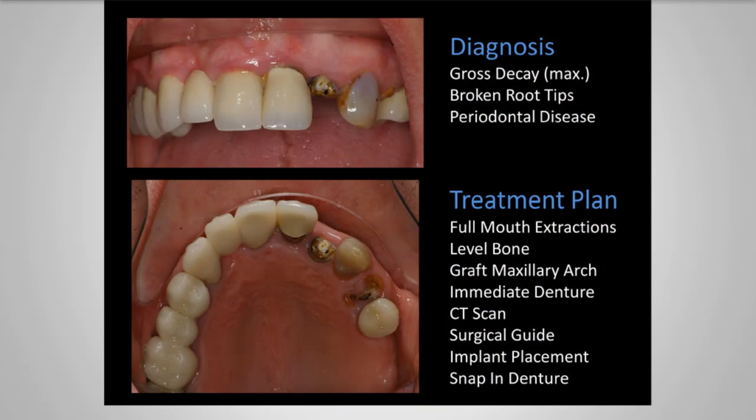After reviewing the treatment plan with this patient, we decided it was best to have all his upper teeth extracted. His lower dentition was still within reasonable limits and just needed a couple fillings in a few teeth. However, the upper arch underneath not only these crowns but also in this longer span bridge had severe decay.